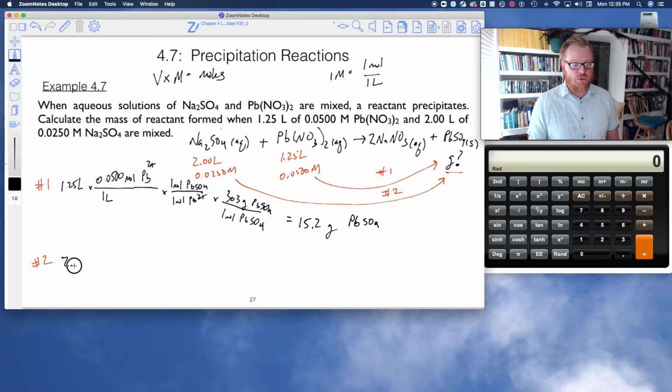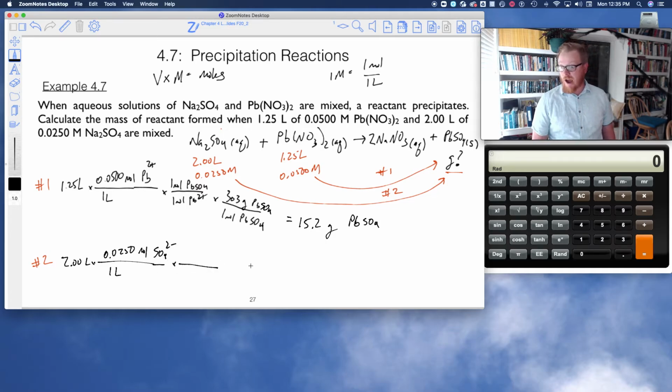So I'm going to start with the 2.00 liters. I recognize in 1 liter of that solution, there's 0.0250 moles of sulfate. So sulfate is the important ion, that's the one that's reacting. And in this reaction, it is still a 1-to-1 ratio, so that's cool.